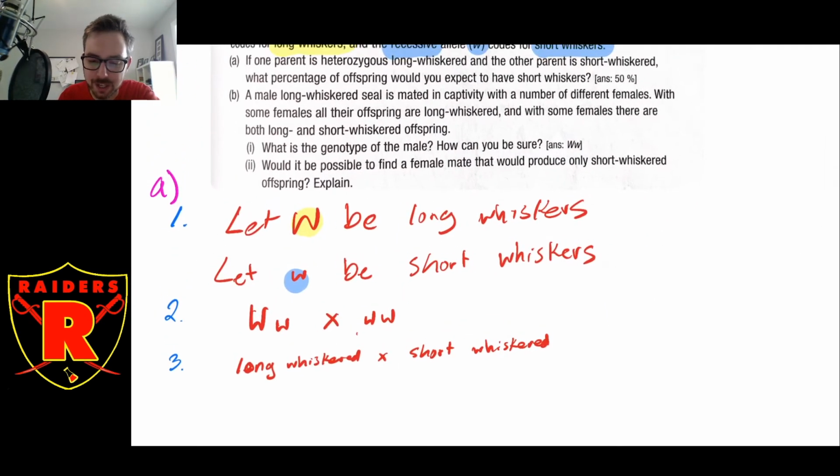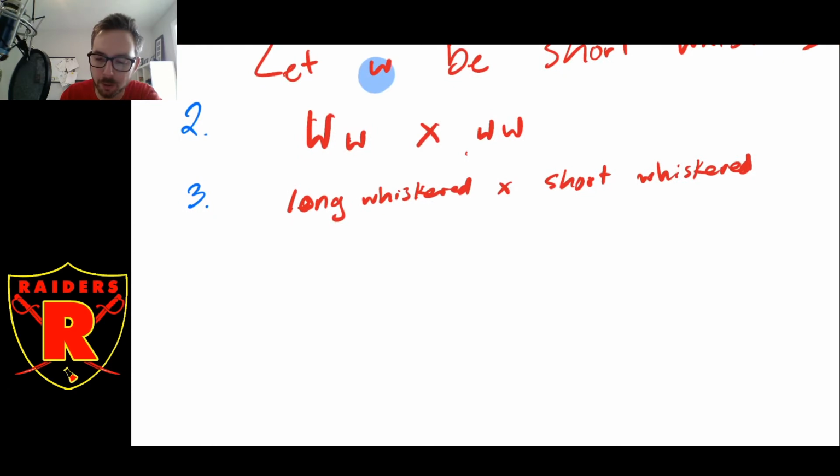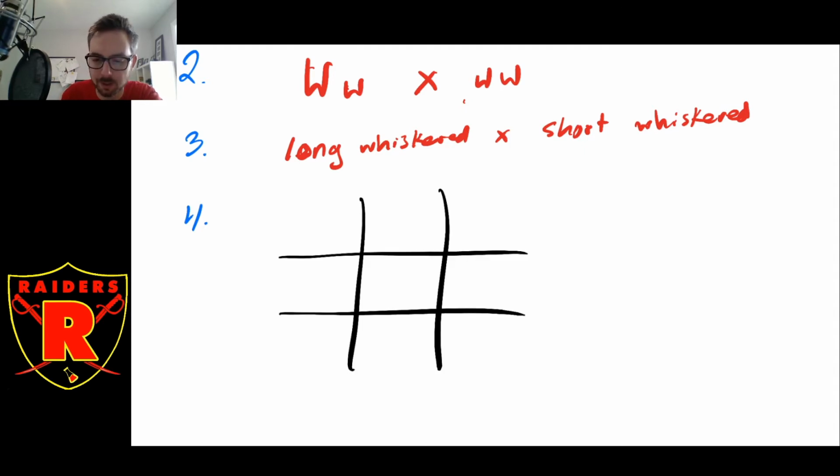Okay, so then what it's asking is, what percentage of offspring would you expect to have short whiskers? Short whiskers we're looking for, which would be homozygous recessive. So part 4 here is we're going to do our Punnett square. Our Punnett square is going to have big W, little w on the side, and it's going to have little w on top.